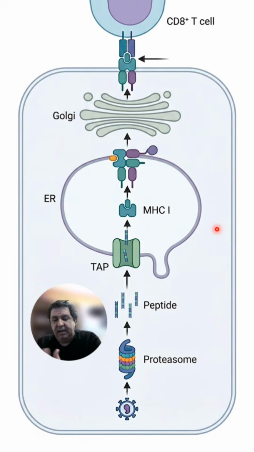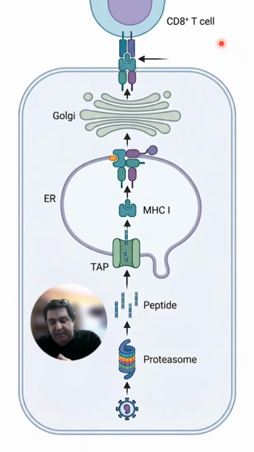So the problem is that some viruses, for example cytomegalovirus, have ways to downregulate MHC class I, which means it will be missing on the surface here. And if it's missing, it will not be able to recruit CD8 positive T cells.